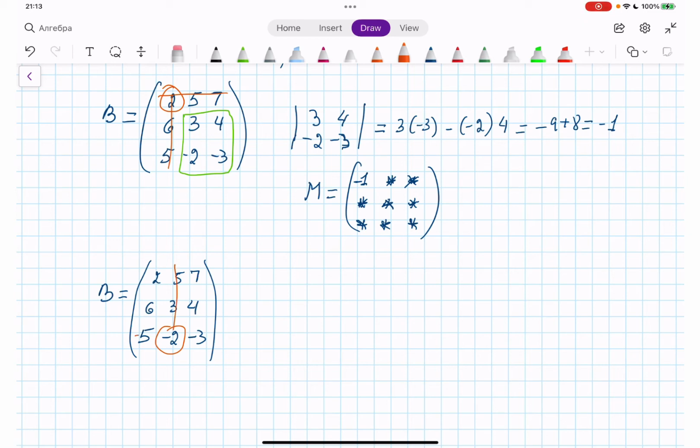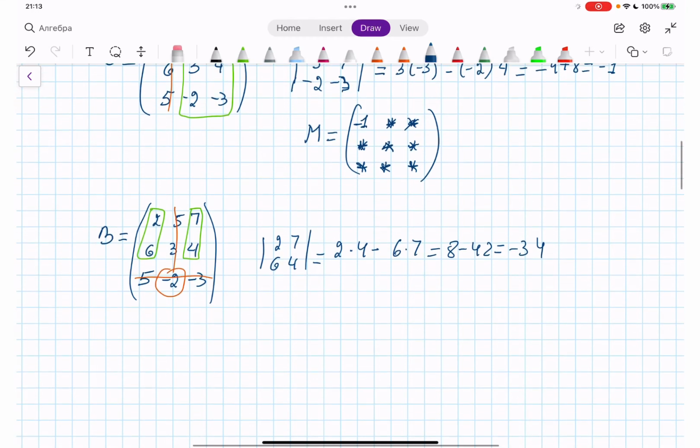So we are going to use this one and this one, which is going to be 2, 7, 6, and 4. So we will have 2 times 4 minus 6 times 7, which is 8 minus 42, equal to negative 34.